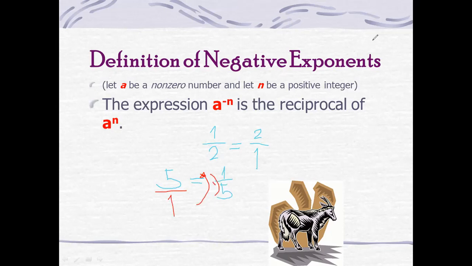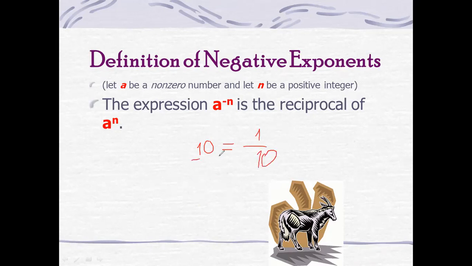Let's say 10: the reciprocal of 10 is equal to 1 over 10. Again, why 1 over 10? Because 10, which is a whole number, is presumed to have a denominator of 1.